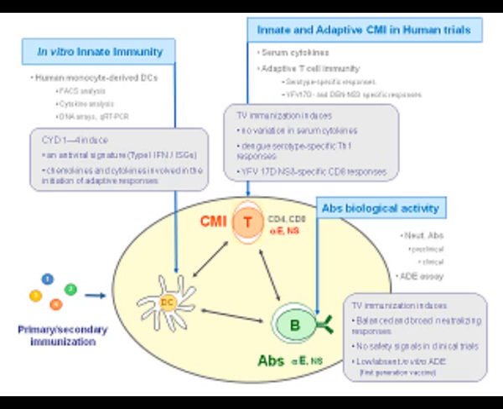Now, in terms of the adaptive immune response, in vitro stimulation of vaccinee cells produced a dengue-specific T helper and CD8 response, both characterized by an interferon gamma to tumor necrosis factor alpha ratio in favor of interferon gamma.